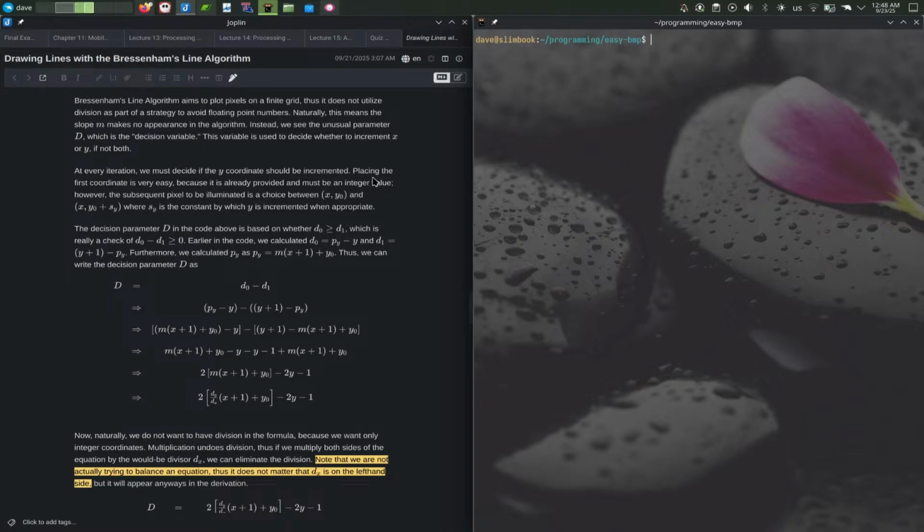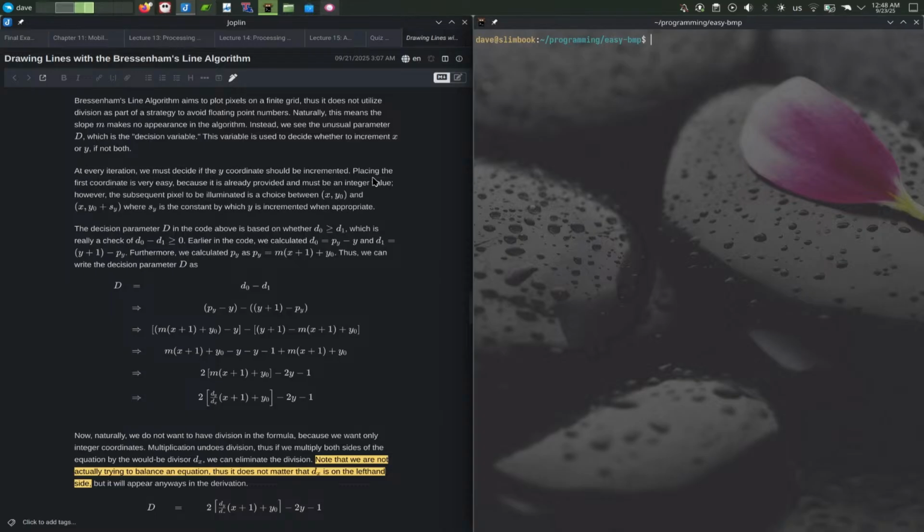So, as it says, today we're going to be working on drawing diagonal lines, right? Now, this was actually something I had to do some serious reading, deliberation, and brushing up on some math for.